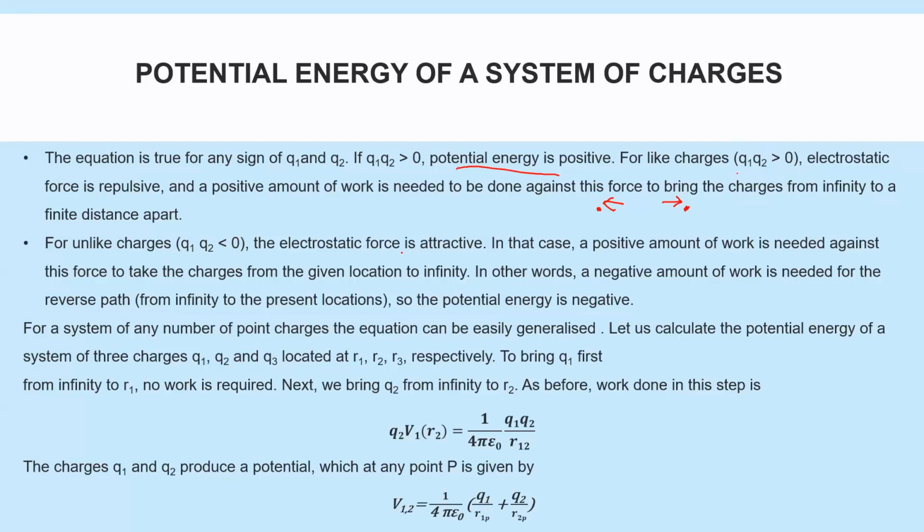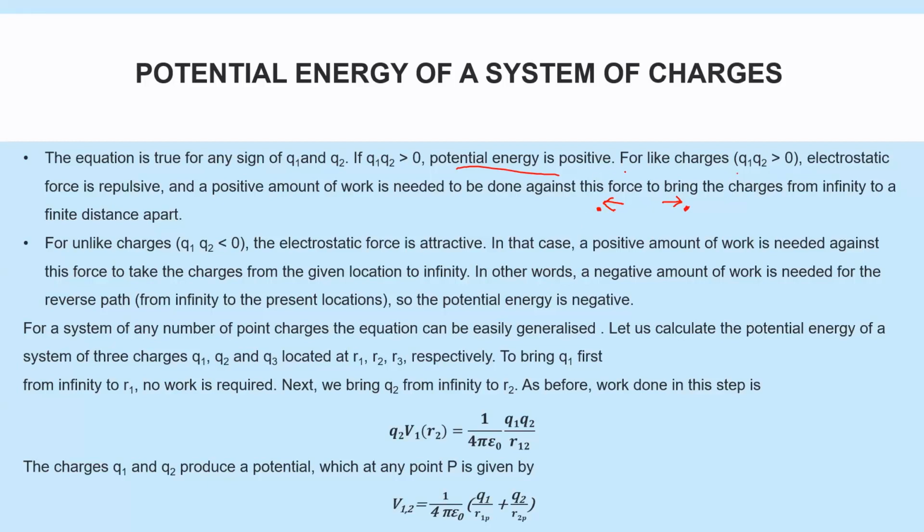The electrostatic force is attractive, and a positive amount of work is needed against this force to take the charges from the given point to infinity. A negative amount of work is needed for the reverse path, since they are already being attracted.